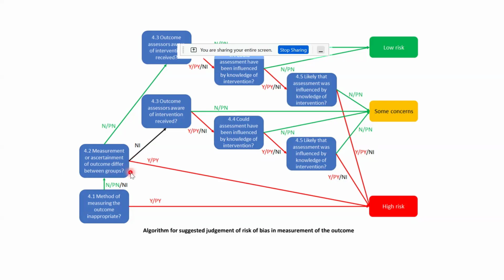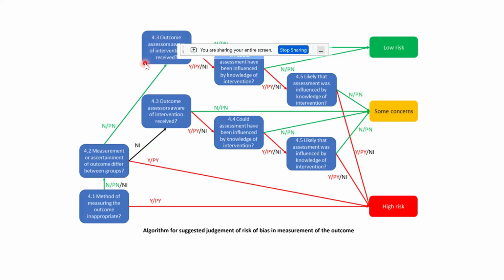For instance, if the intervention group needs to come for follow-up more frequently than the control group and is having the outcome measurement done more frequently, then the answer to this question would be yes. On the other hand, if it is no, and that measurement was done equally in the different groups, then we go on to 4.3.